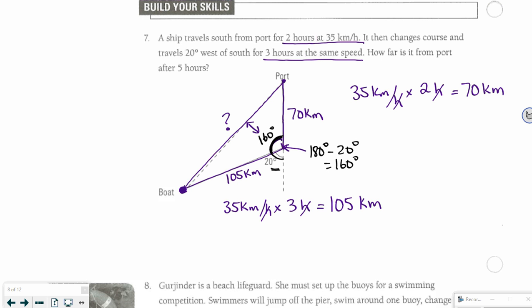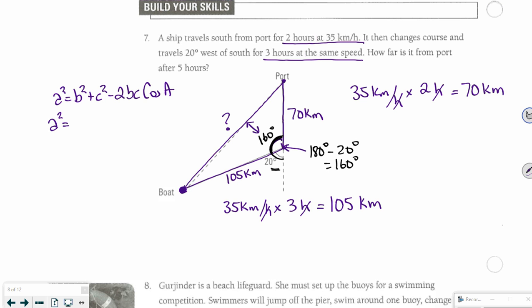I'm solving for a side length. So I've got a squared equals b squared plus c squared minus 2bc times cos of angle A. The side I'm going to solve for, I'm just going to leave it as an A because it doesn't have a letter of its own.